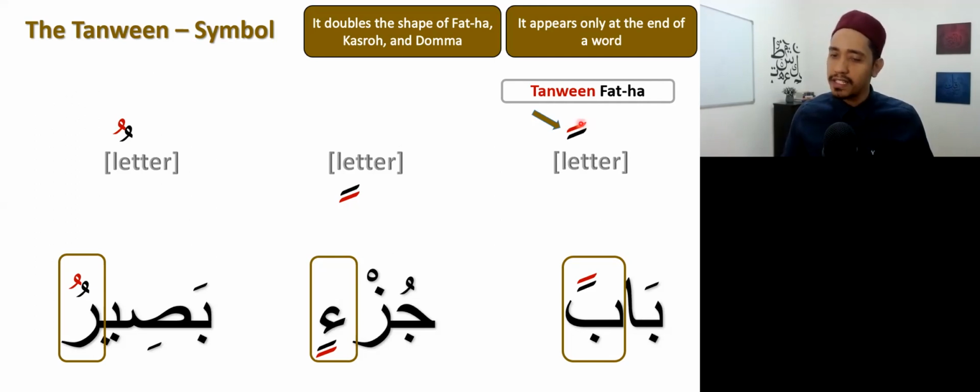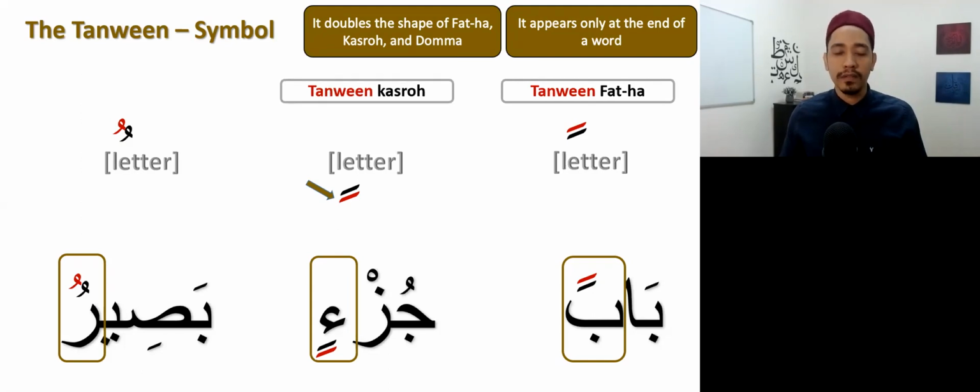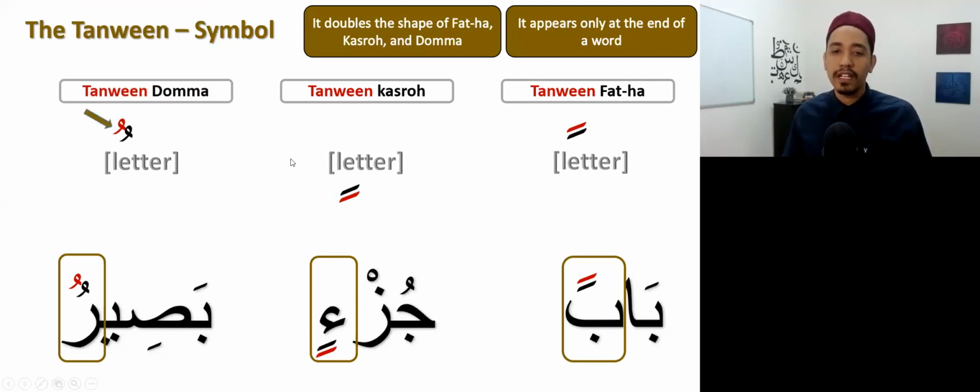It's called fatha because it comes with a fatha, so that Tanween doubles the fatha. This one over here that comes with a kasra is called Tanween kasra because it doubles the kasra. And this one over here is called Tanween dhamma. So it's Tanween, Tanween, Tanween, but depending on which haraka it comes with, it will add another name. Now, again, why is that important?